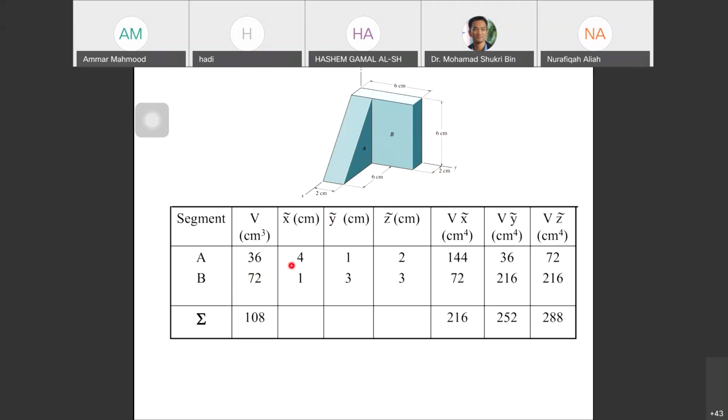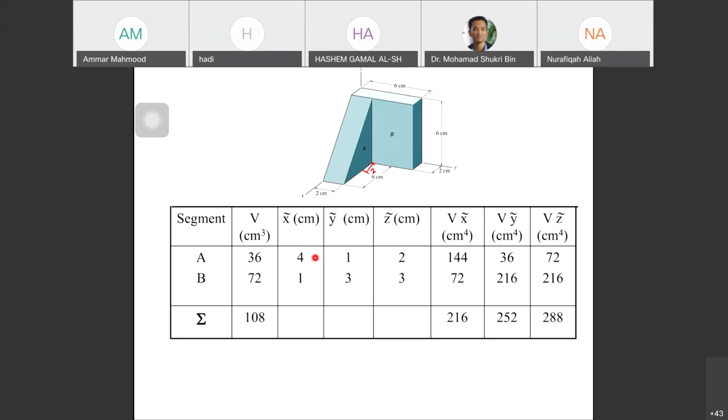For x bar, for segment A, x bar is 1/3 of 6. 1/3 of 6 is 2, right? Here is 2, but you need to add 2 here because the origin is at the back.